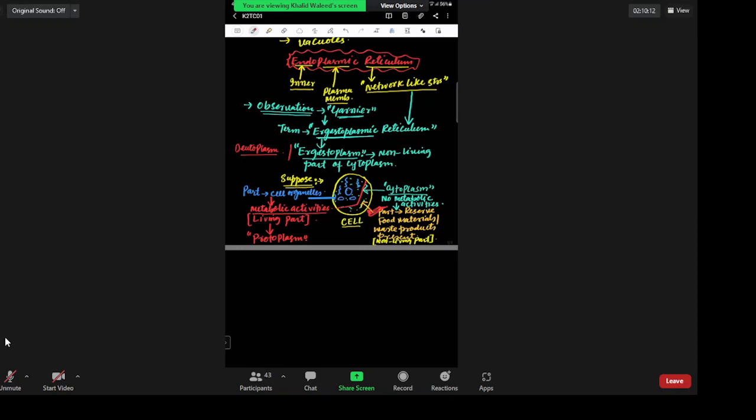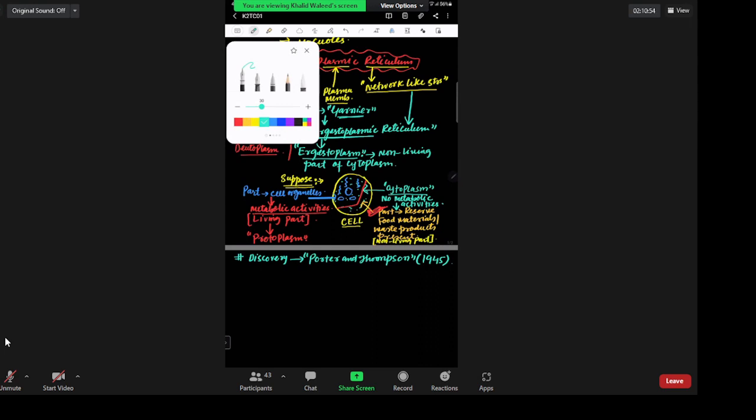Now, the actual credit for the discovery of ER goes to Porter and Thompson. 1945. 1945 में सबसे पहले पोर्टर और थॉम्पसन ने किनको किया था एक्चुअल में डिस्कवर?